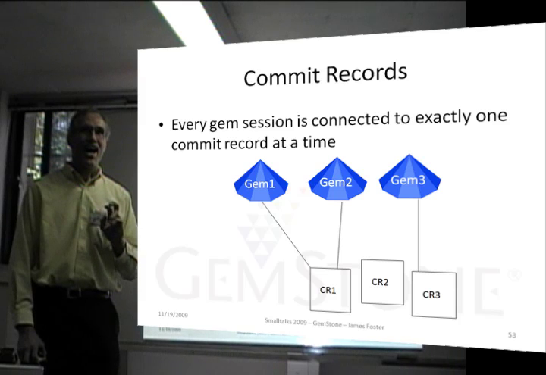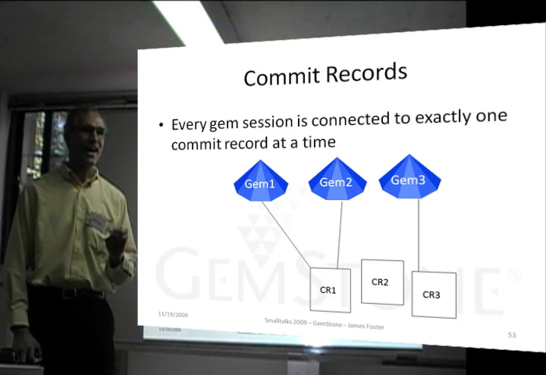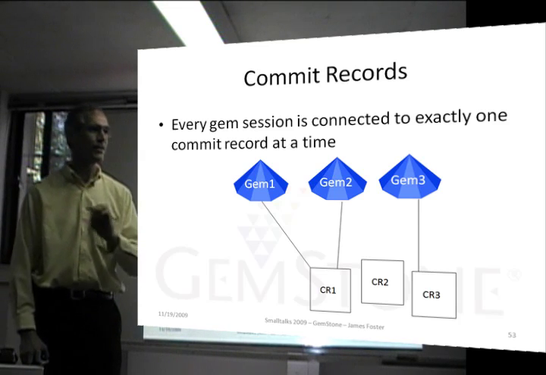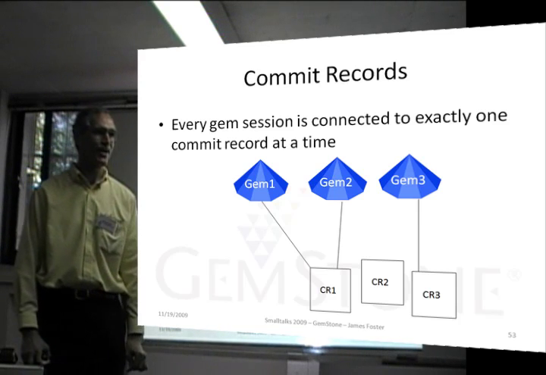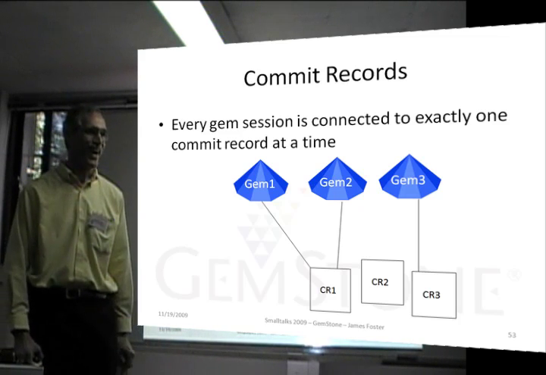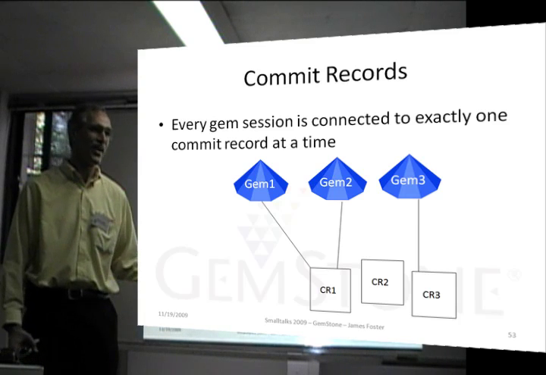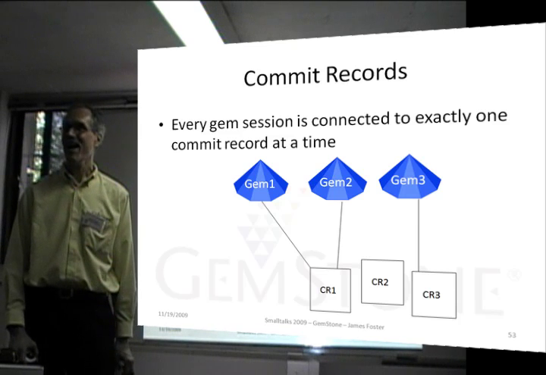Now, actually rephrasing that, long transactions on a system that has lots of transactions are evil. You could have one commit record that sits with one session for an hour and nothing happens. If nothing happens, then you have one commit record.